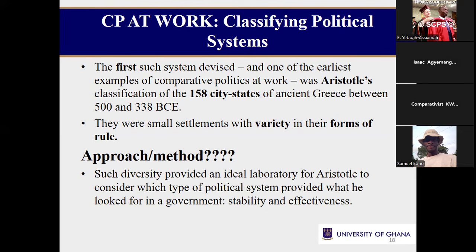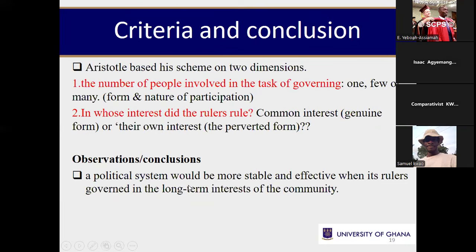Okay, so he sought to find stability and effectiveness. Good. He wanted to find out which type of political system will make a government more stable and effective. Okay? Are you with me? Yes. Thank you. All right. So that was what he sought to find.